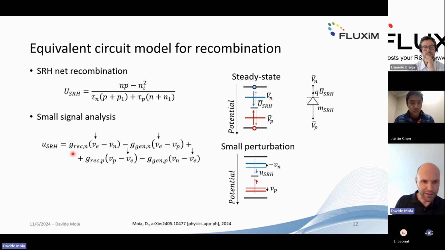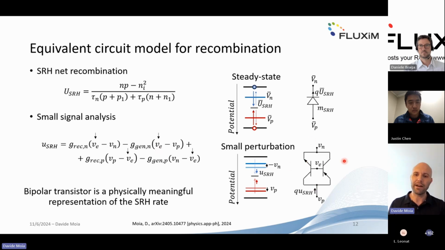And the key point here is that this small signal recombination current, let's say, is not dependent only on the changes in the quasi-Fermi levels, but it also depends on the changes in electrostatic potential, meaning that we have a current that doesn't depend only on 2 potentials, but we need something that expresses this dependence also on a third potential.